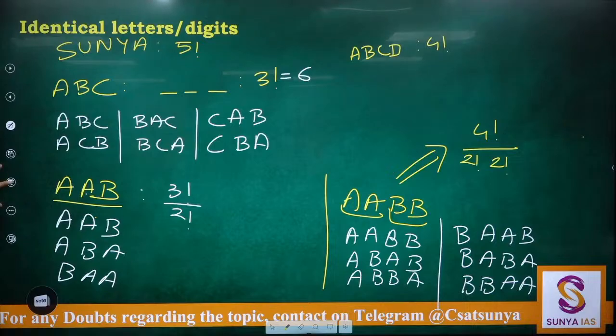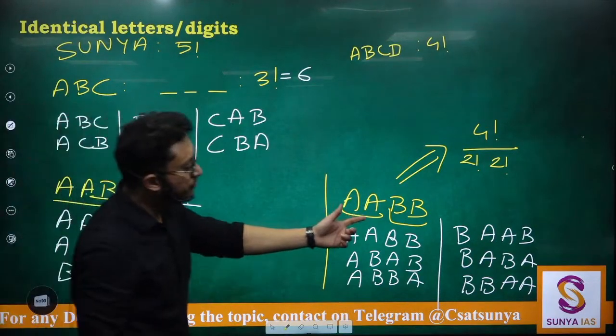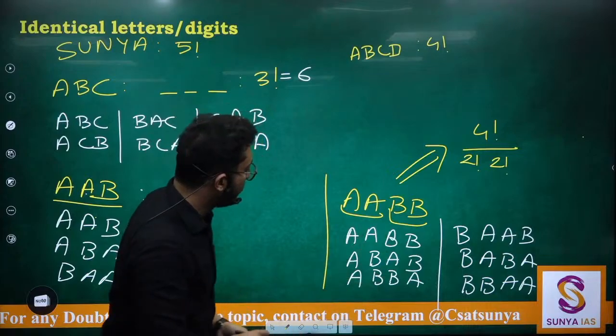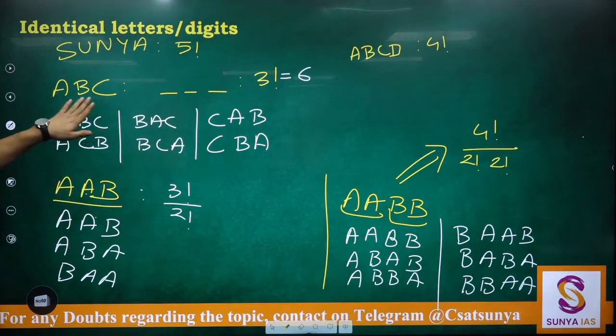To just generalize it, see, let's say यहाँ पर अभी पहले इससे समझते हैं. Had this been different, ABC अलग अलग है.